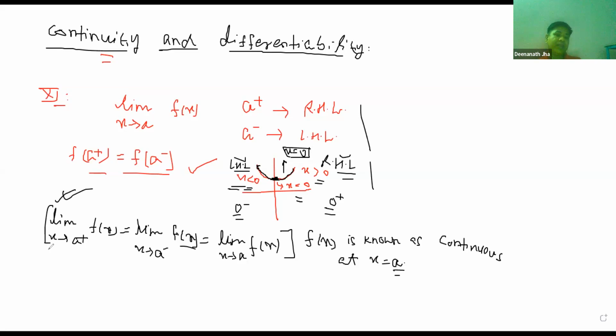We have to note that limit x tends to a plus, limit x tends to a minus, and limit x tends to a are equal. Then f(x) is known as continuous at x equal to a.